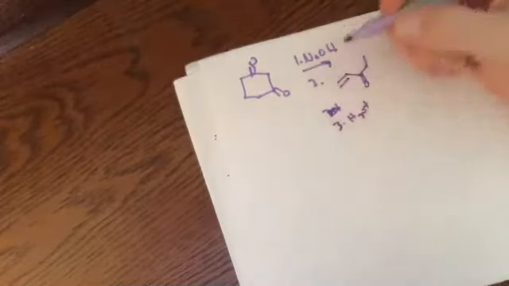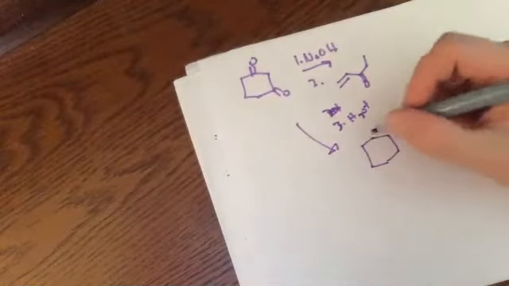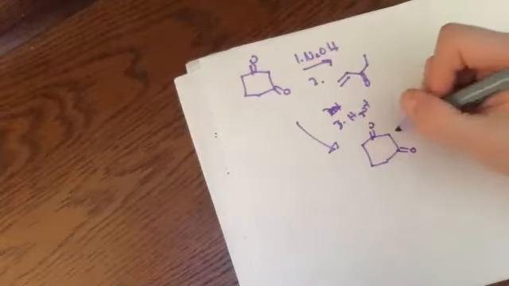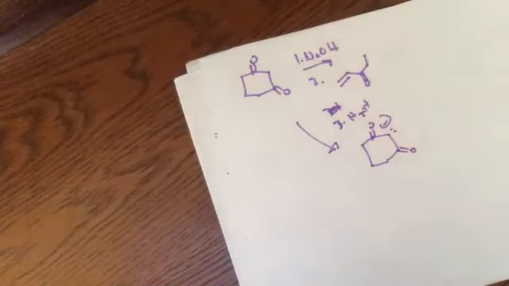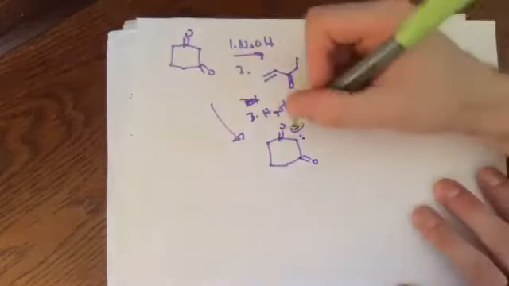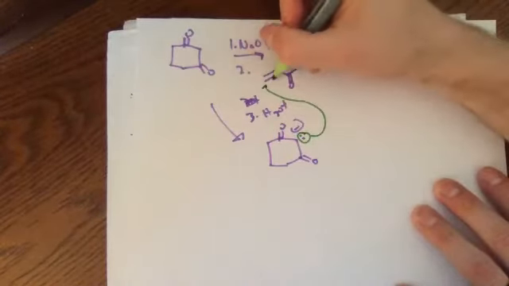Okay. So first we'll make a negative charge here. This can attack at our beta position.